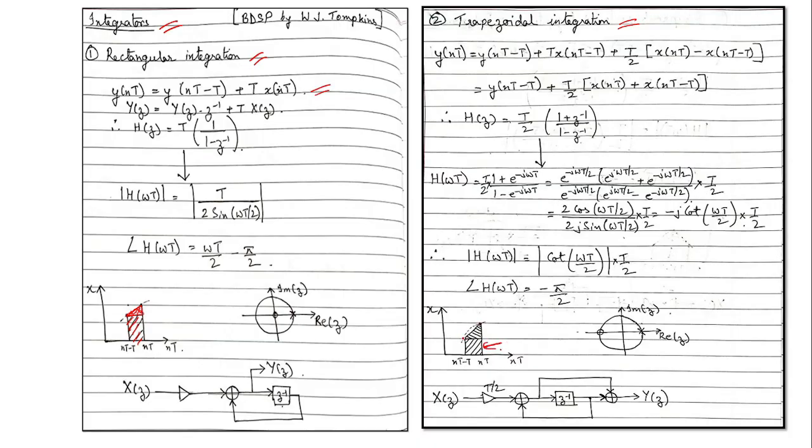But over here also, there is a dotted line and this shaded portion, which I am drawing with red lines, that remains unaccounted for. Due to that unaccounted region, the result will have minimal error as compared to the rectangular integrator, but still it will have some error in the integration.